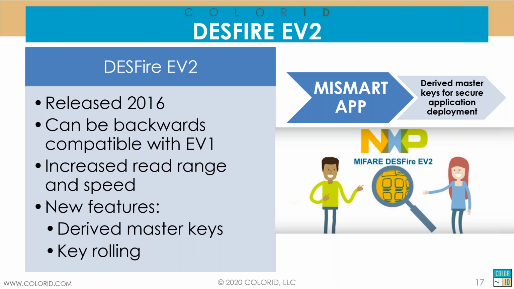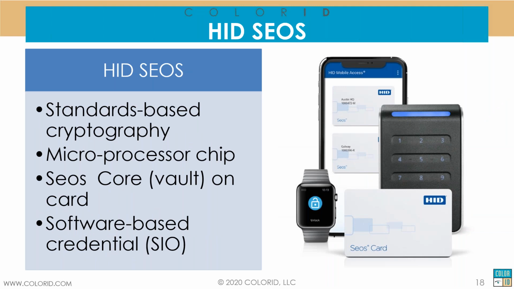Also, it has some pretty cool features, but I haven't seen any applications in the university market, or really others I could imagine in payments or in transit perhaps. They might use some of these features, but it would take an enterprise level approach to take advantage of them, such as derived master keys, key rolling, stuff like that. So really, with EV2, the advantage is about the read range.